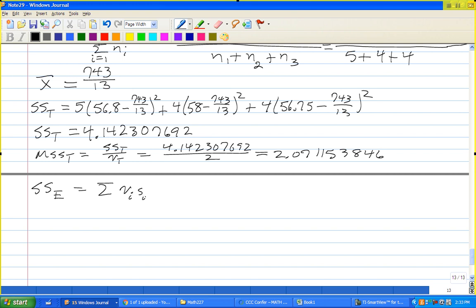Oh, I didn't write down the variances, 1 to k. I forgot to write down my variances, but that's fine. So that's the first degree of freedom, first variance. Okay, so degrees of freedom for the first guy is 4.